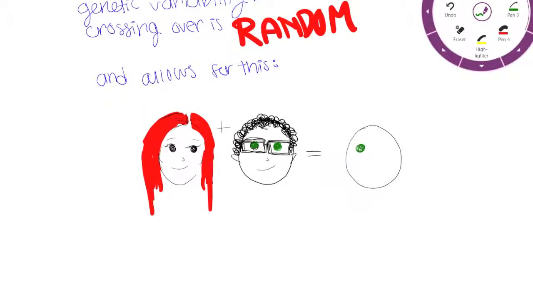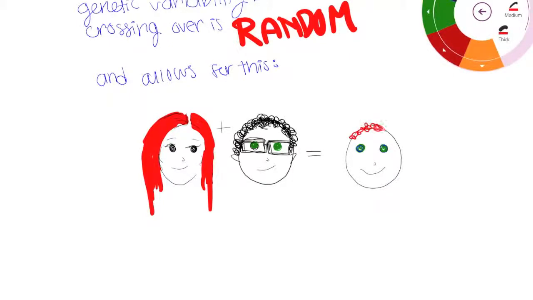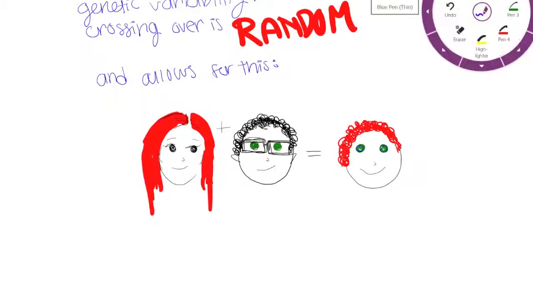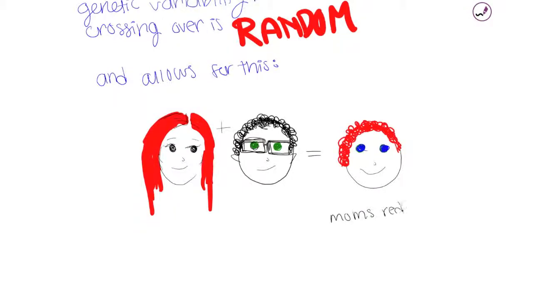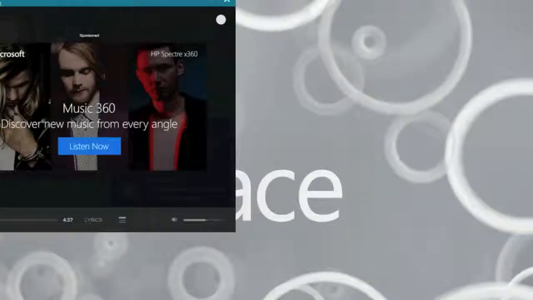With crossing over, when the genes are crossed, they can have an offspring with green eyes and red curly hair. And that is, once again, an example of genetic variability. The offspring could actually, since it is random, end up with blue eyes, even though neither of the parents have that.